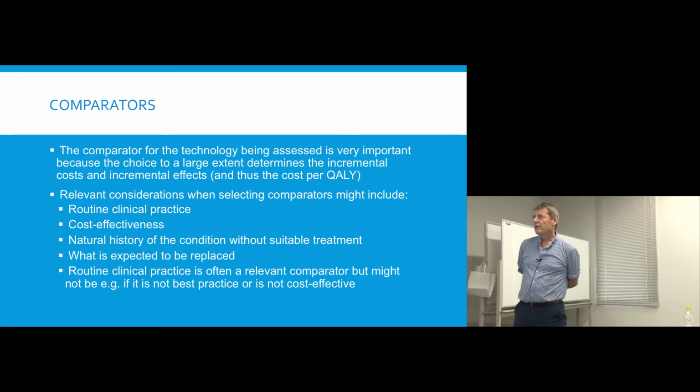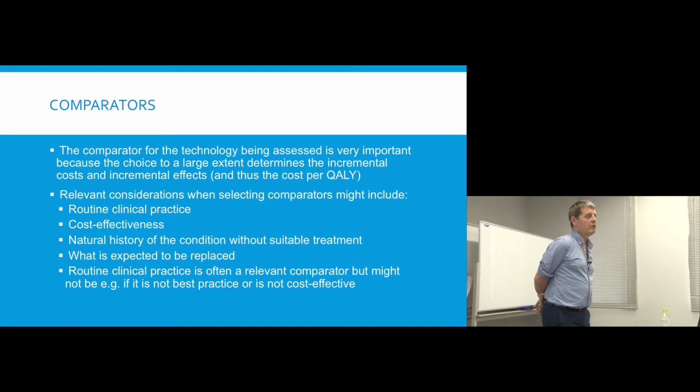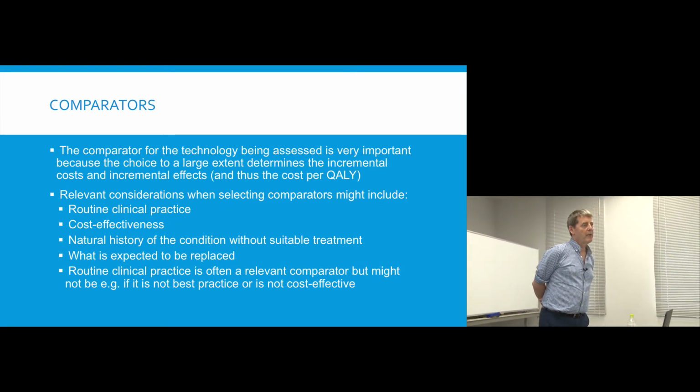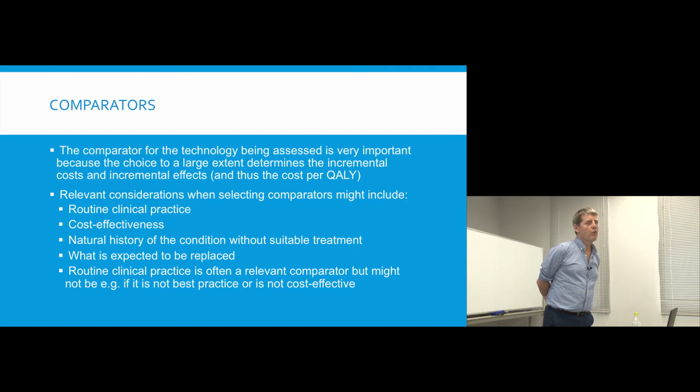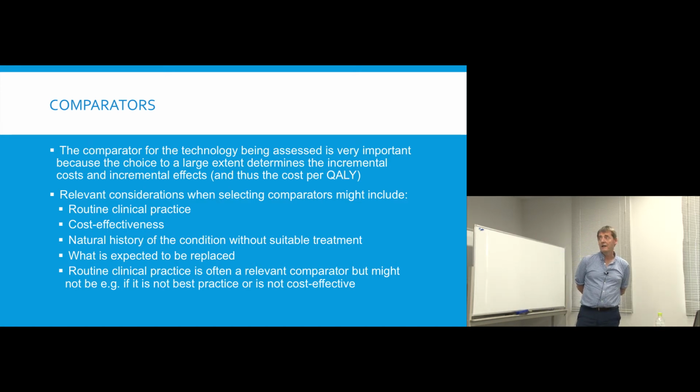Sometimes it's argued what you should look at is what is expected to be replaced. So compare your new treatment to what you expect would be replaced by the new treatment if you were to accept the new treatment. As I said, routine clinical practice is a very strong candidate as a comparator, but it's not going to always be appropriate. For example, it might not be best practice.